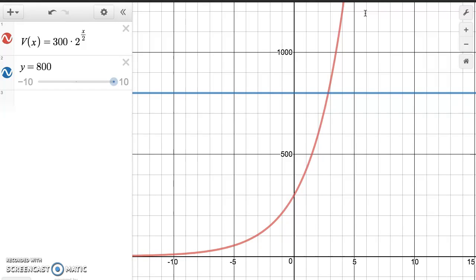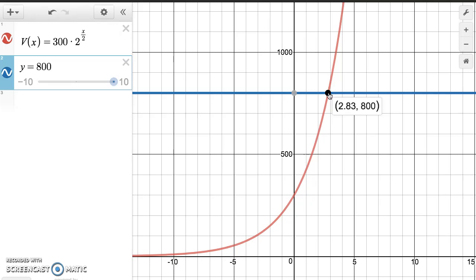And I want to know, when is this function, so this red one, when is it hitting the level where the number of infected computers hits 800. So I also graphed the line y equals 800, and where they intersect, exactly this point, is where you end up with the red curve hitting an output of 800.